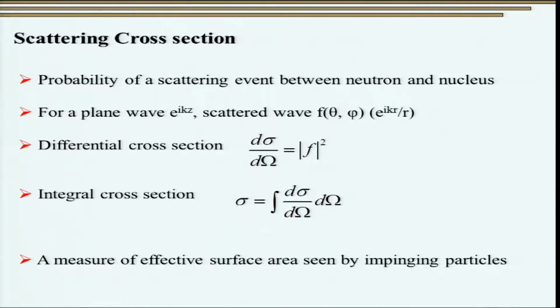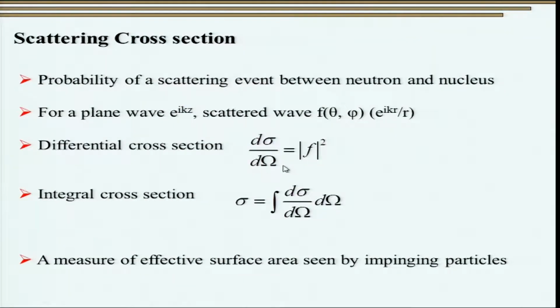For a plane wave e^(ikz), a scattered wave which is f of theta and phi is multiplied with e^(ikr) by r. Now, this gives us the scattering probability, right. If you remember, this is exactly similar to what we had for X-rays, and this term f of theta phi is nothing but equivalent to the structure factor that we had used in case of X-rays.